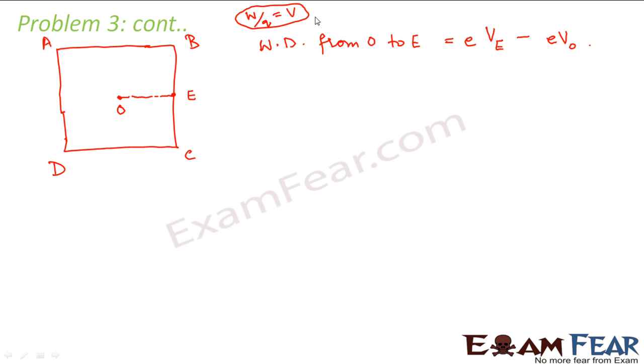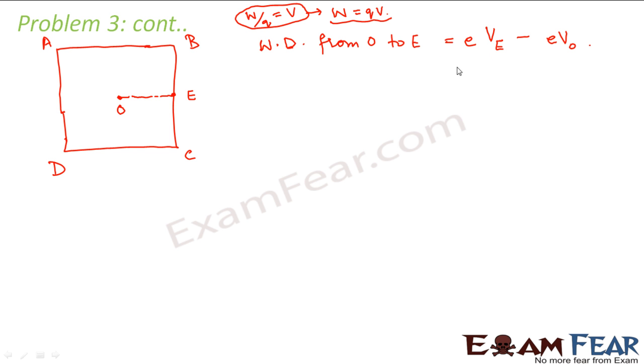Right? So we can write work done is equal to the magnitude of the charge into potential. So that is what we did here. Work done will be equal to the magnitude of the charge. Here the charge is electron. So electronic charge multiplied by the potential at E minus the potential at O, because work done is always equal to the potential difference. Correct?